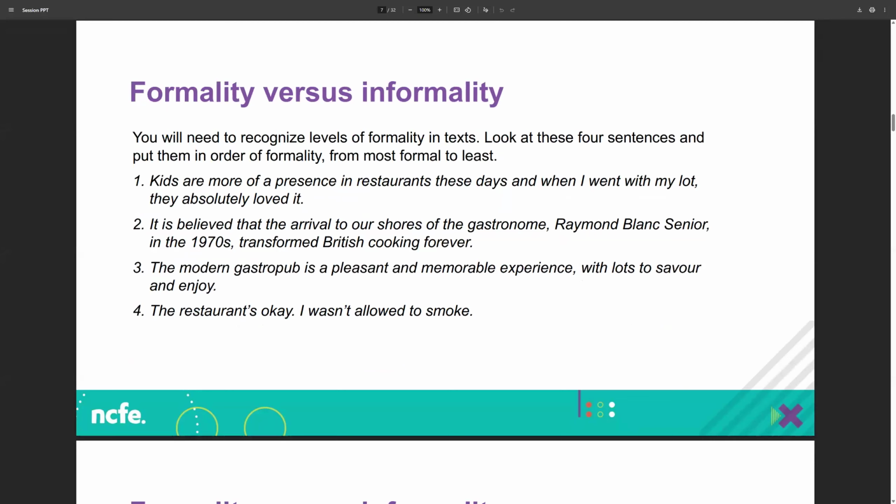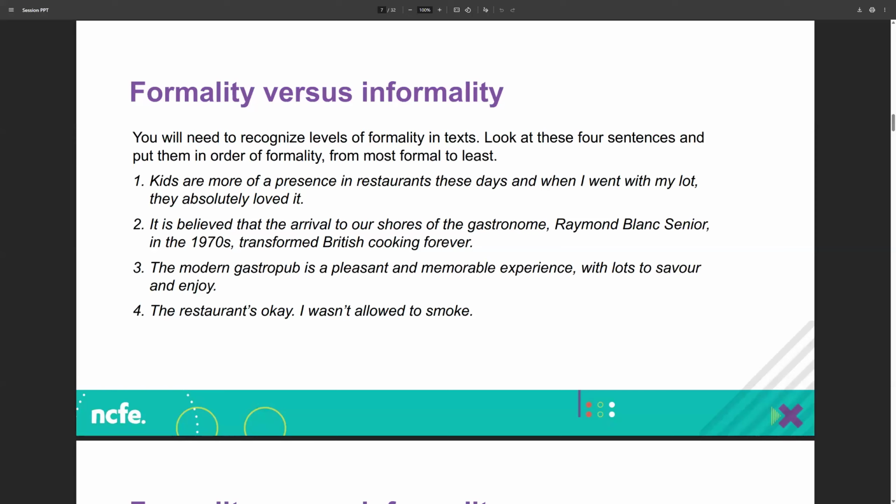Yeah, no worries. I picked the number 4. Which one? Most formal or least formal? Most formal.